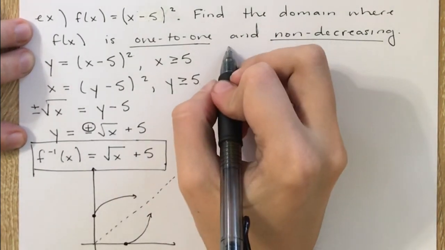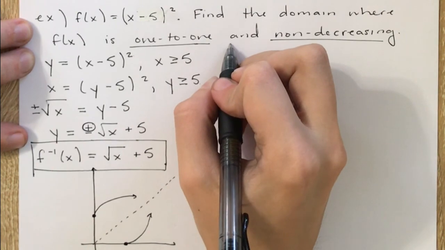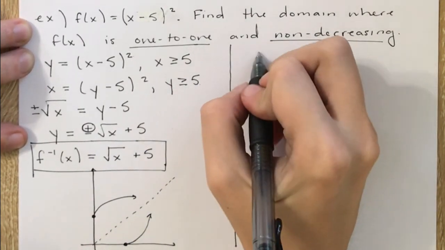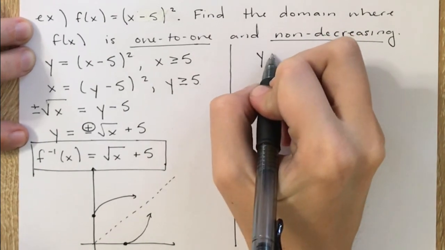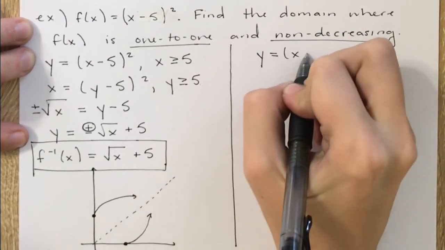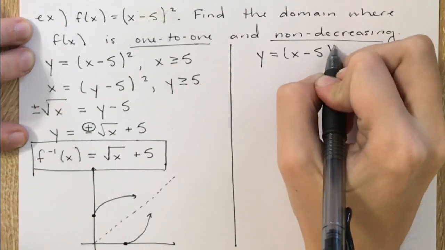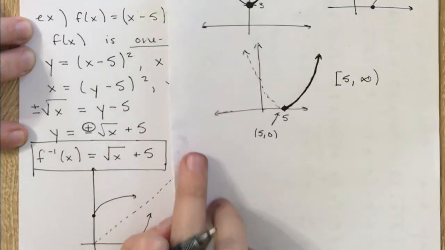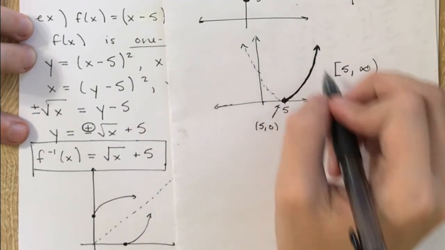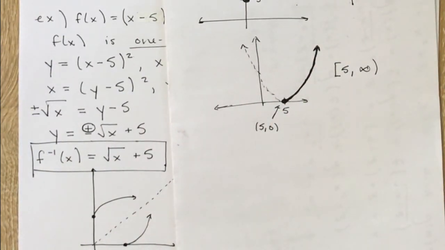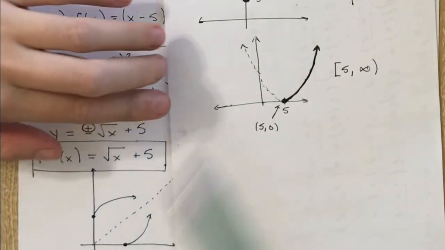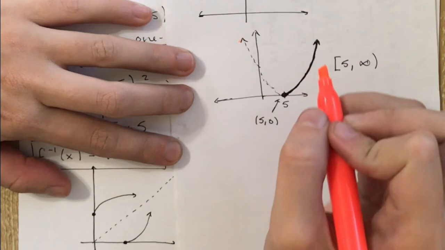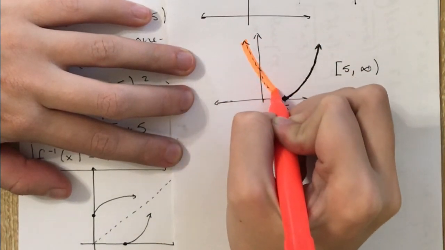Okay. What if we'd asked for non-increasing? Let's try that one. So non-increasing would be the other half of the graph, right? This part was increasing. So the non-increasing part of the graph would be this side.